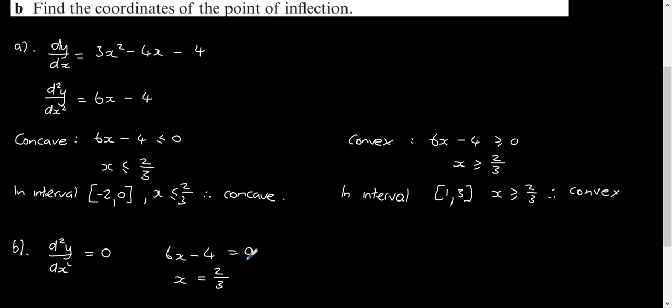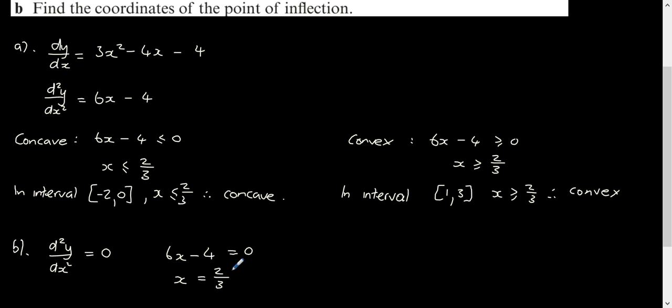Well, this kind of goes back to what we talked about when we did increasing and decreasing functions. We have the difference between strictly concave and just concave. Strictly concave would be that x is less than 2/3. Concave, we allow the less than or equal to. So here's our presumed point of inflection.